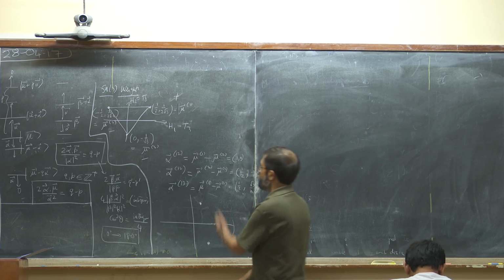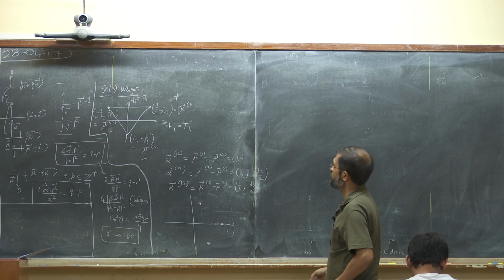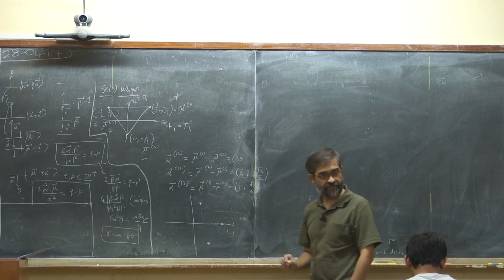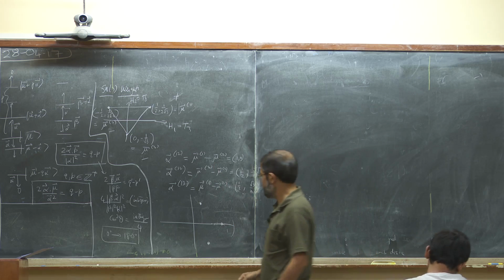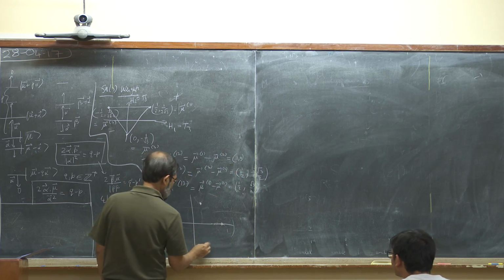Now let's look at the roots. In case of the roots, all of these are positive by construction. So these guys are positive, and what are their negatives?